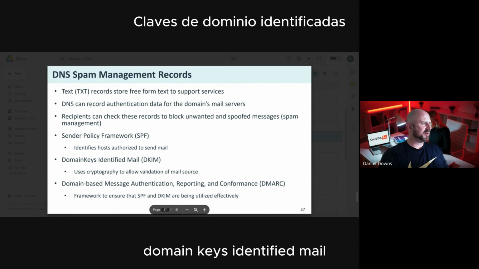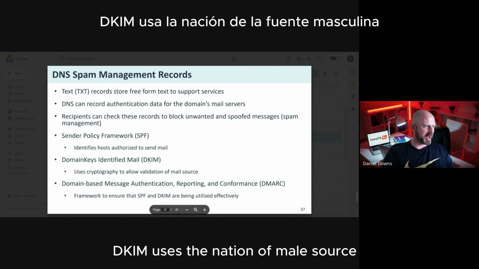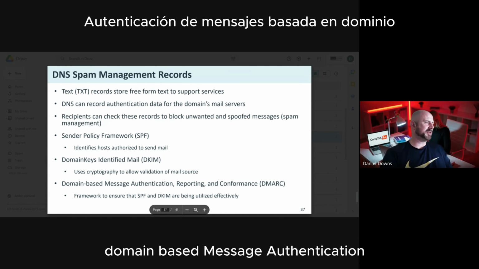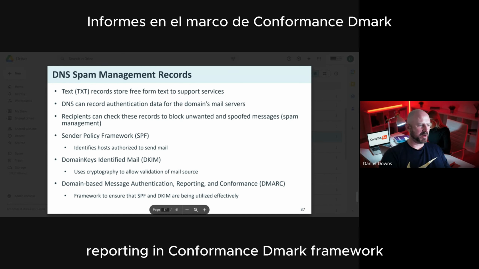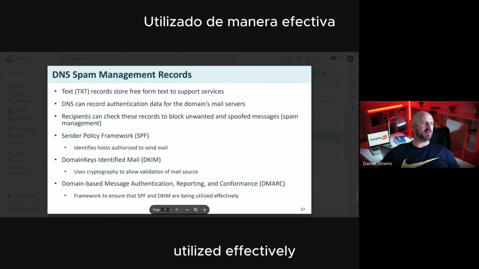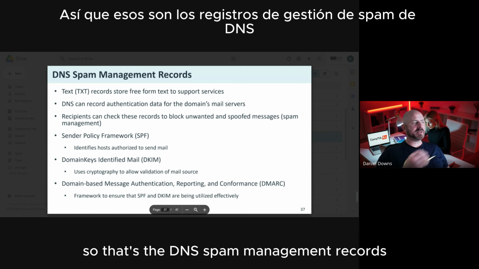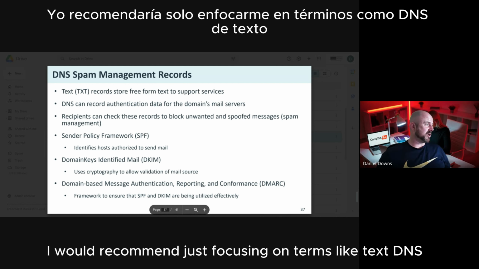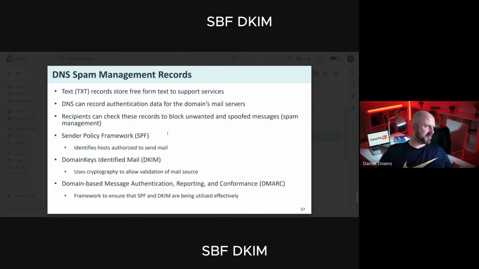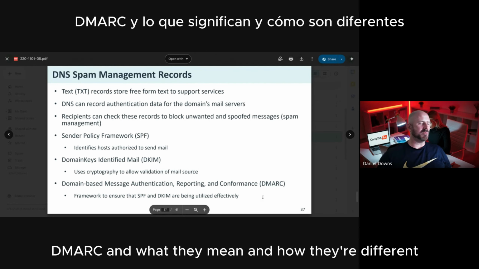DomainKeys Identified Mail, DKIM, uses cryptography to verify the mail source. Domain-based Message Authentication, Reporting and Conformance, DMARC, is a framework to ensure that SPF and DKIM are being utilized effectively. So that's the DNS spam management records. Here I would recommend focusing on terms like TXT, DNS, spoofed messages, how they happen, SPF, DKIM, DMARC, and what they mean and how they're different.